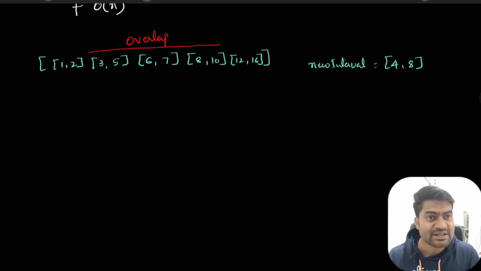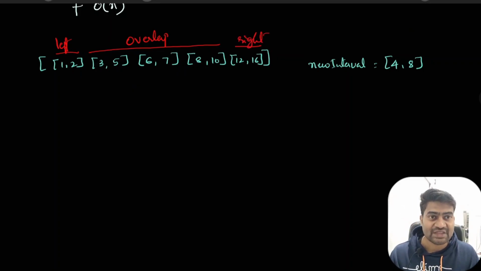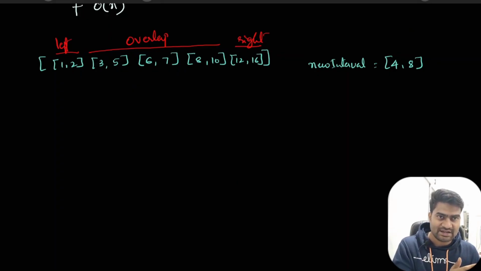Then there is something towards the left, which is this part. This is the left side non-overlapping part. And there is something on the right side, which is again a right side non-overlapping part. So if we try to process this entire intervals array in a single iteration, first we process the left part, then the middle part, then the right side part.